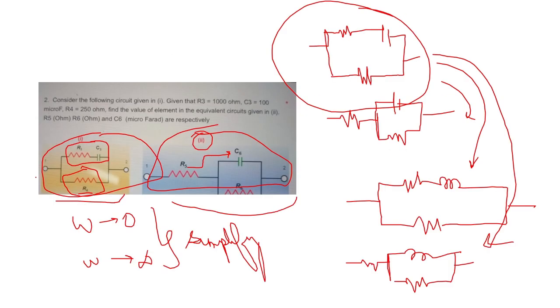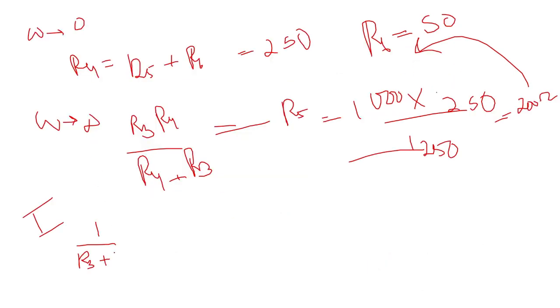So here it is R3 plus 1 by j omega C3 because they are in series. Now that is in parallel to this, so we will take the reciprocal. Inverse of that will be the impedance of the first circuit.